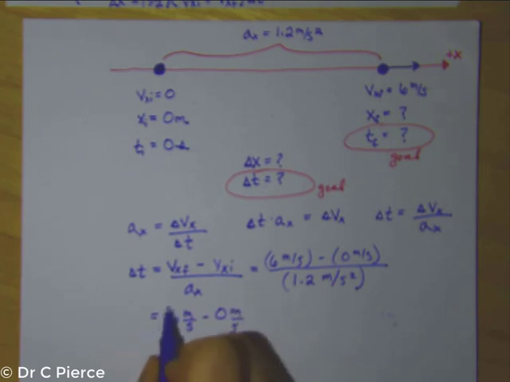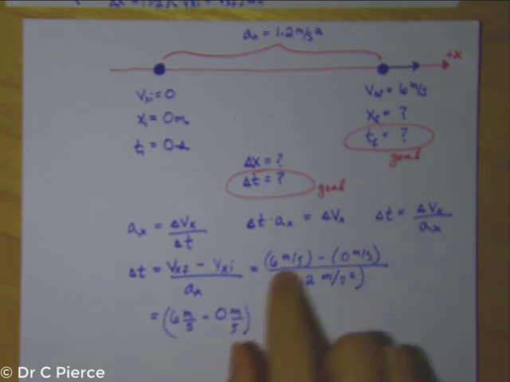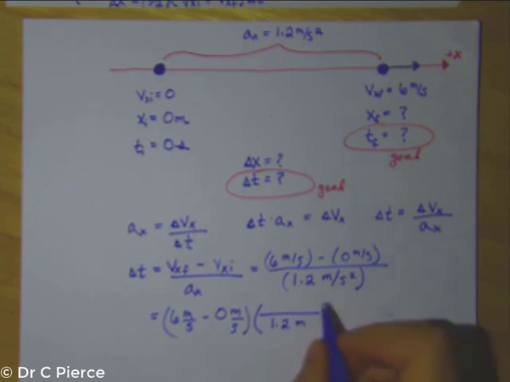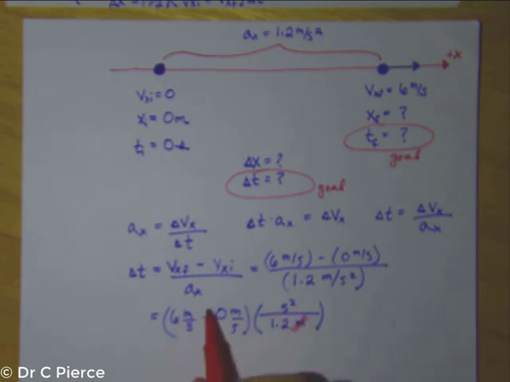So we're going to have 6 meters per second minus 0 meters per second. And we have this fraction in the denominator, so I'm going to flip it and multiply. So I'll have 1.2 meters in the denominator and seconds squared in the numerator.